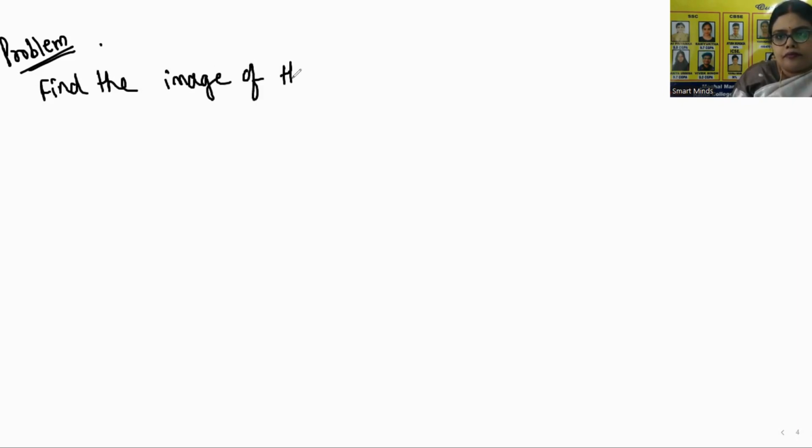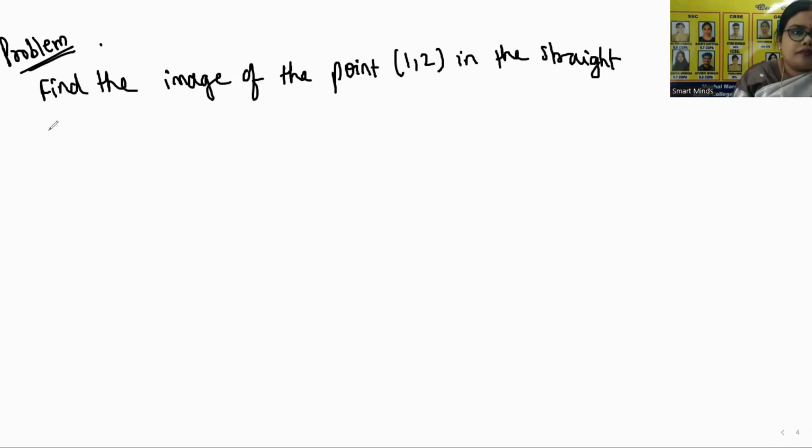Now let's take a problem based on the image of the perpendicular. Find the image of the point (1, 2) in the straight line 3x plus 4y minus 1 is equal to 0.